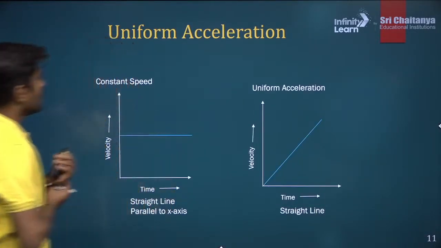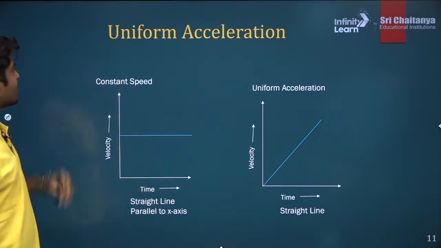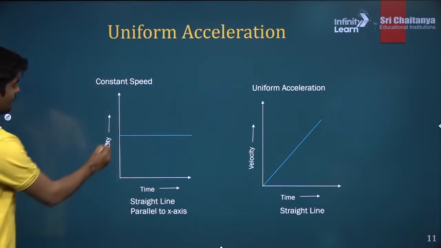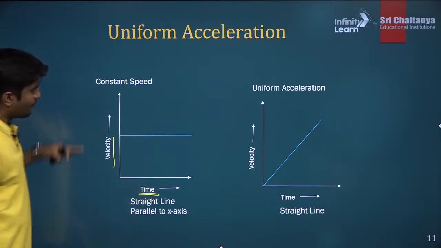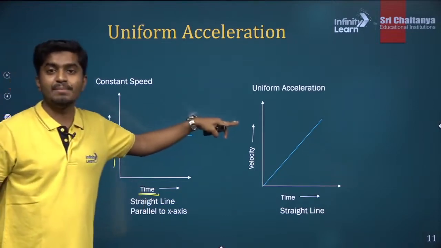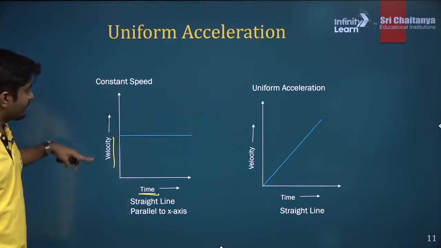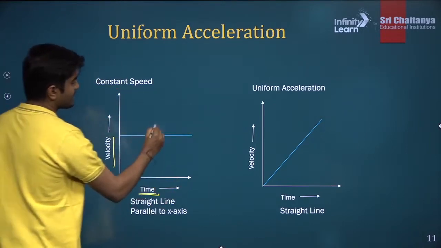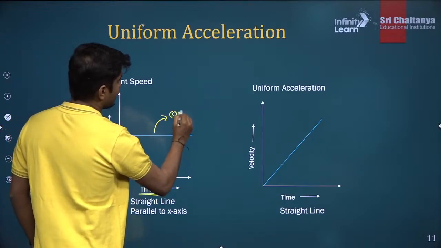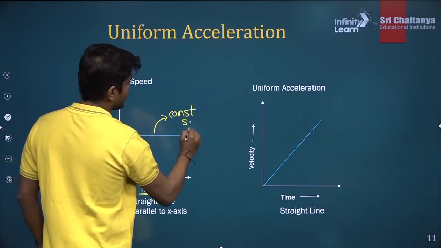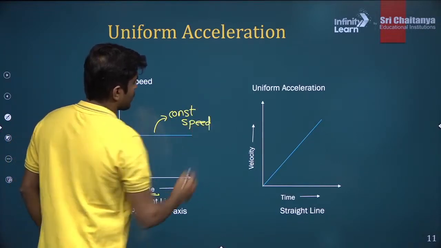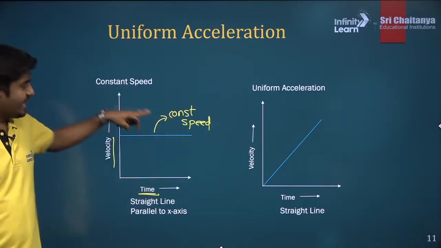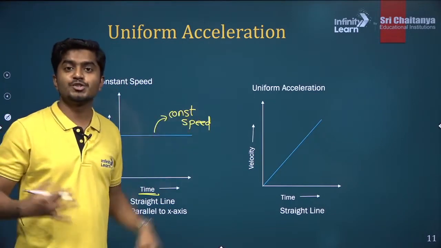Great. So now let's understand a few more types of graph. This is a velocity versus time graph which is parallel to our time axis. Whenever you have a velocity versus time graph parallel to the time axis, that means there is a constant speed. If there is a constant speed, what is the slope?